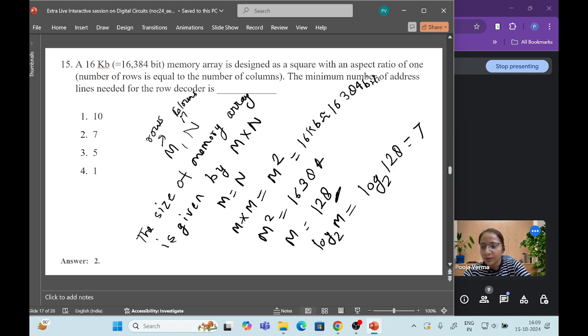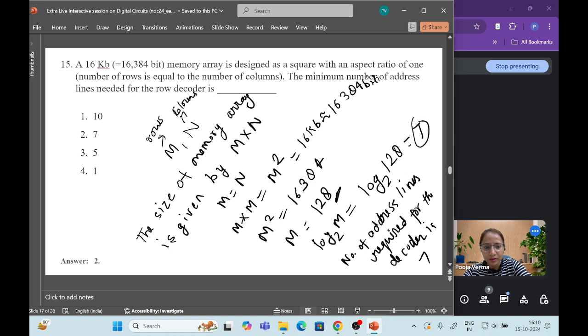Similarly, the number of address lines required for the row decoder is 7.